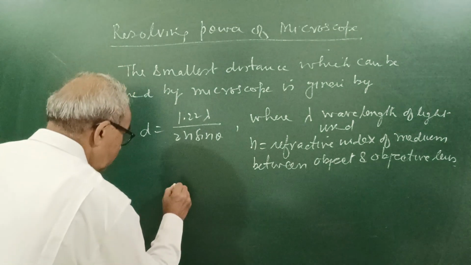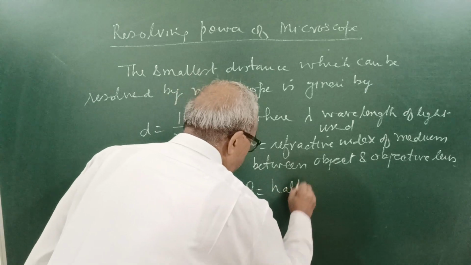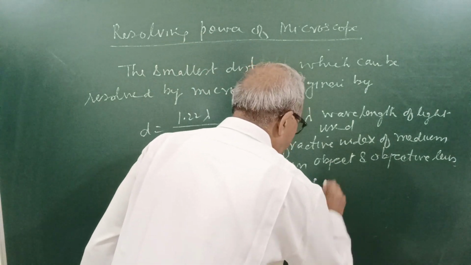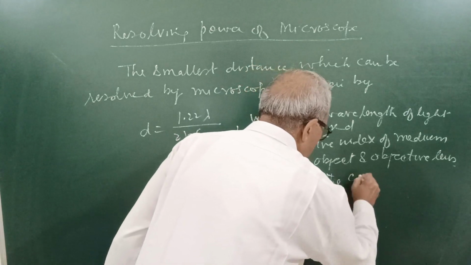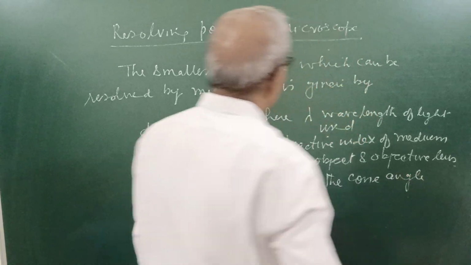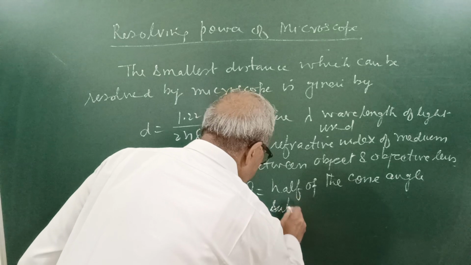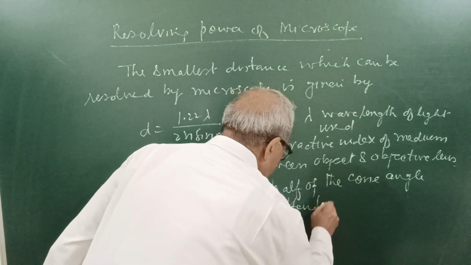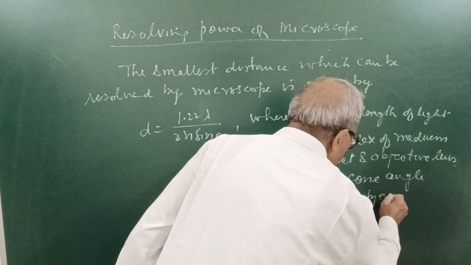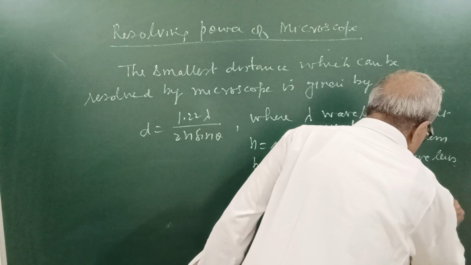Theta is half of the cone angle subtended by the object on the objective lens.